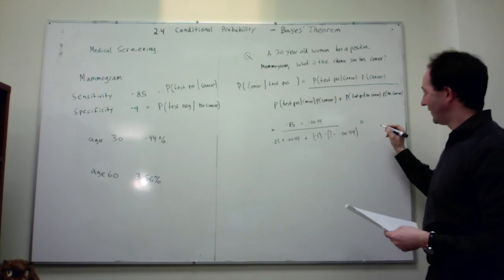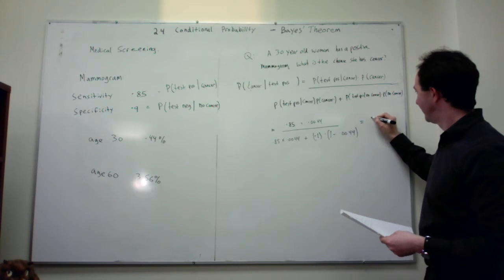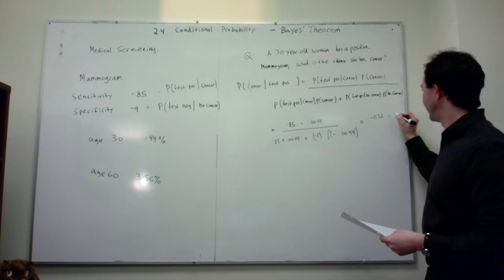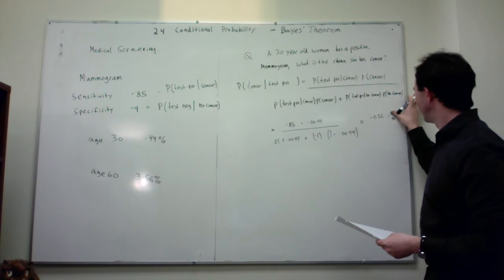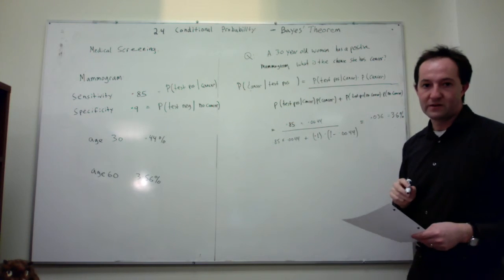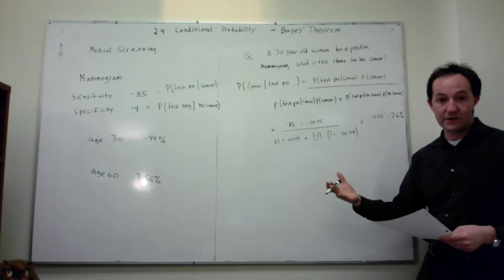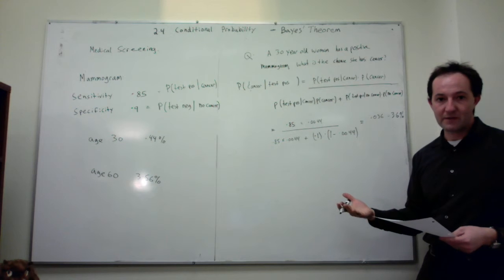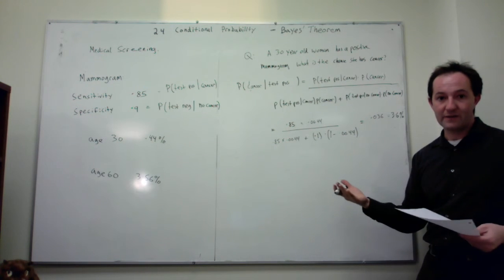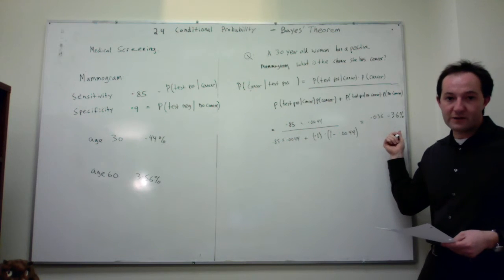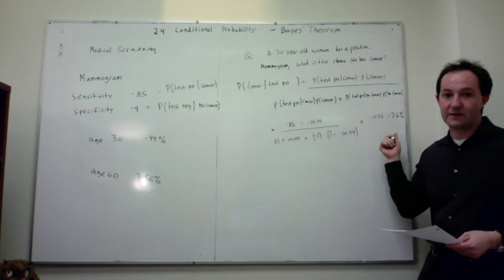Okay. So when I computed this out, I got 0.036, which is 3.6%. So if a woman with no other risk factors has a mammogram and it turns up positive, obviously this is greatly going to distress her, but she only has a 3.6% chance of actually having cancer.